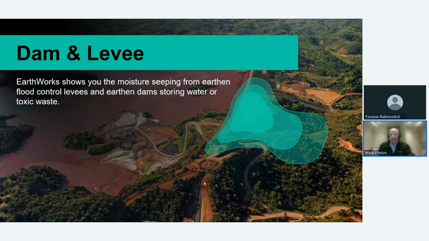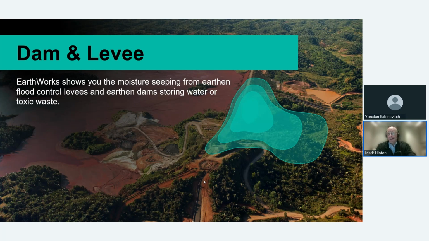So when we're looking at dams and levees, we have that ability to detect subsurface soil moisture, and that's really helpful because that can be indicative of seepage, which for those dam engineers amongst us, you'll know that seepage is a really important thing to understand.